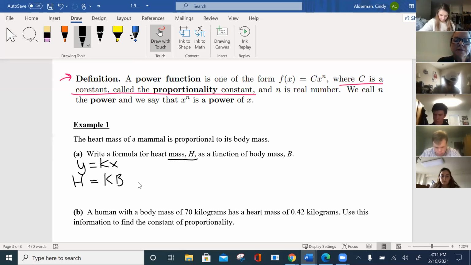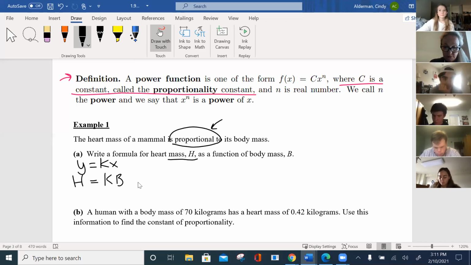And also another thing I want to remind you here, you see how it doesn't say whether it's direct or inversely proportional. Unless they directly say it is inversely proportional, then it's always assumed to be direct proportional, okay?